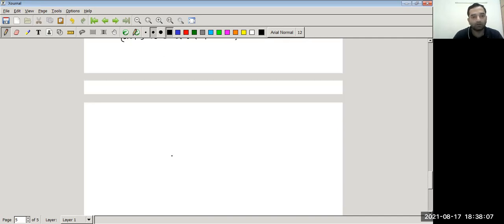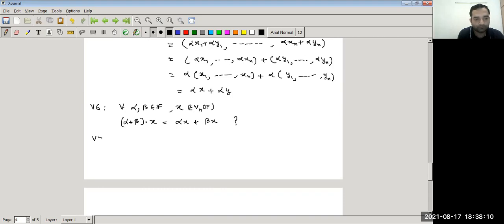Now the seventh: we have to prove that for all alpha, beta belonging to the field and x belonging to the vector space, (alpha beta) into x is alpha into (beta x).